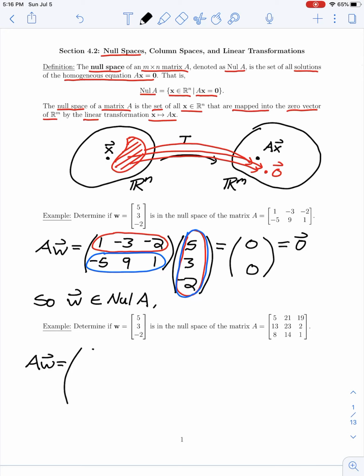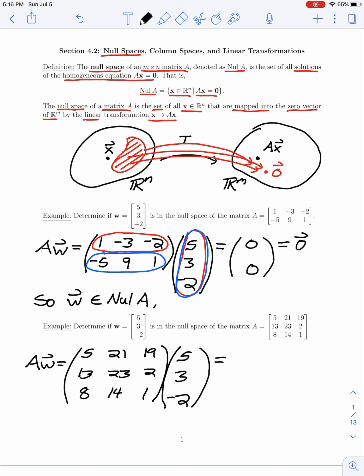Here, A was the matrix 5, 21, 19, 13, 23, 2, and 8, 14, 1. And we're multiplying by the 3 by 1 vector, 5, 3, negative 2.